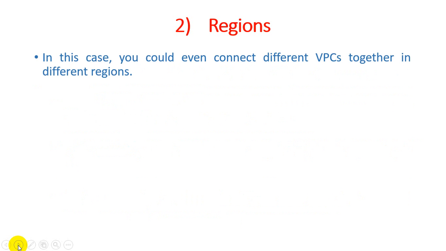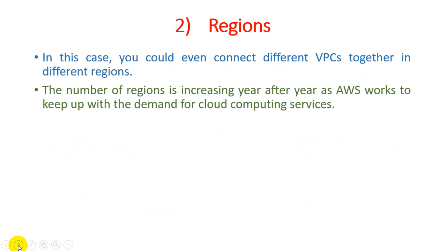In this case, you could even connect different VPCs together in different regions. The number of regions increases year after year as AWS works to keep up with the demand for cloud computing services. As we know, historically, they have doubled in annual income from 6 billion to 27 billion within 2 years because of increasing services year after year.